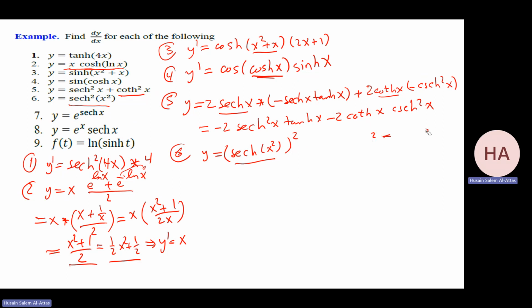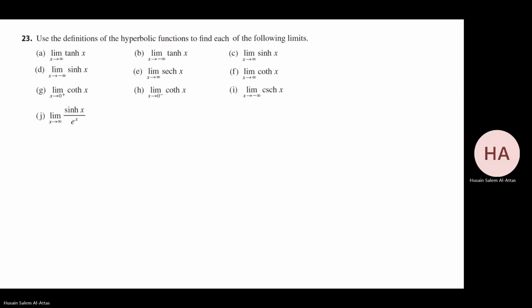Let me give it some space and write it here. That implies y prime is 2 secant hyperbolic x squared times the derivative of this, minus secant hyperbolic x squared tan hyperbolic x squared times the derivative of x squared, which is 2x.